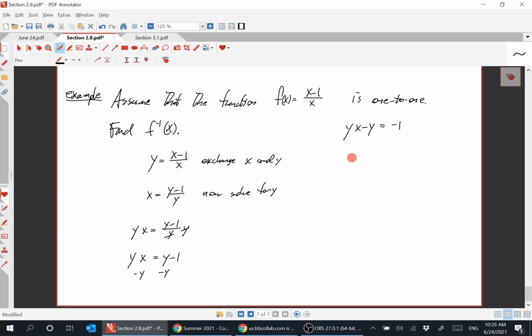Now I'm going to factor out y, like that, and then divide by x minus 1. So I'm going to have y is equal to minus 1 over x minus 1, or y is equal to 1 over 1 minus x. So that's f inverse.